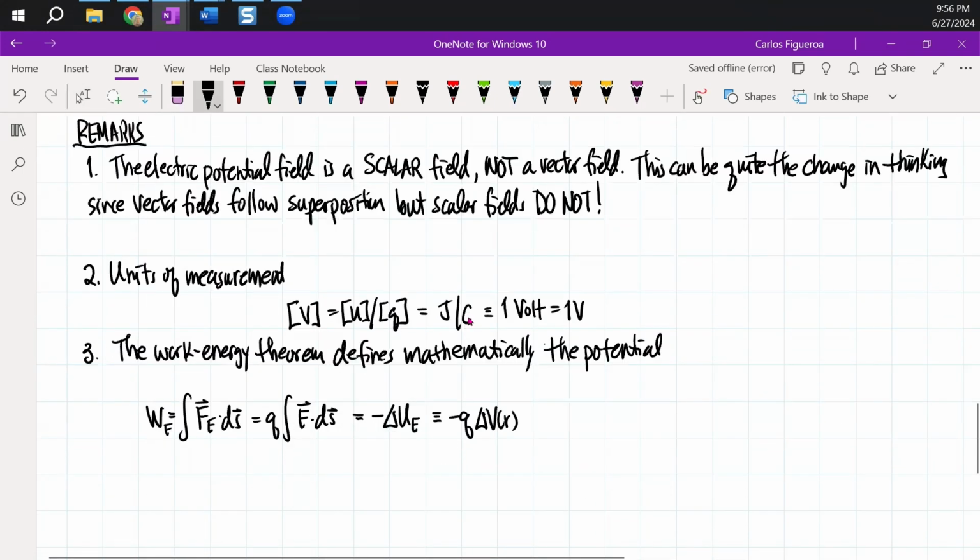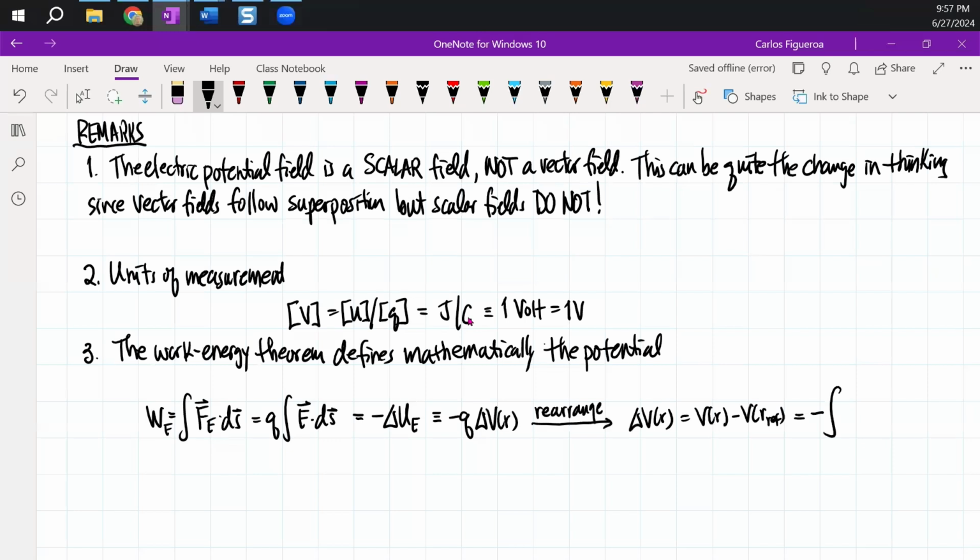So now if I rearrange terms here, you're going to see that delta V of r is V of r minus V of r reference, which is then the negative integral of the electric field dotted with the displacement vector. This is our definition of the potential function mathematically.